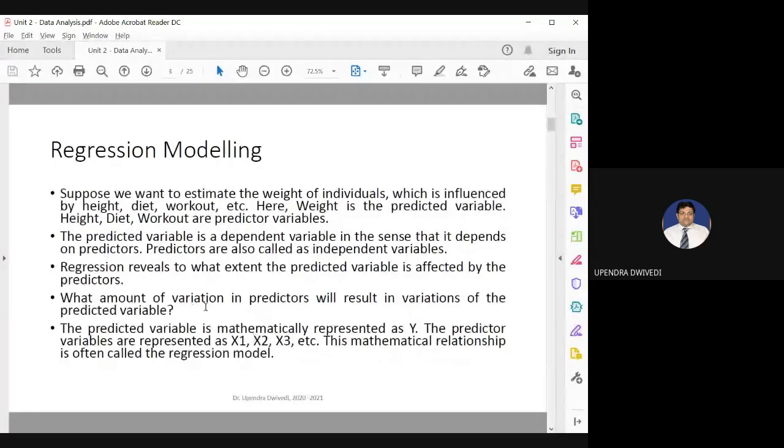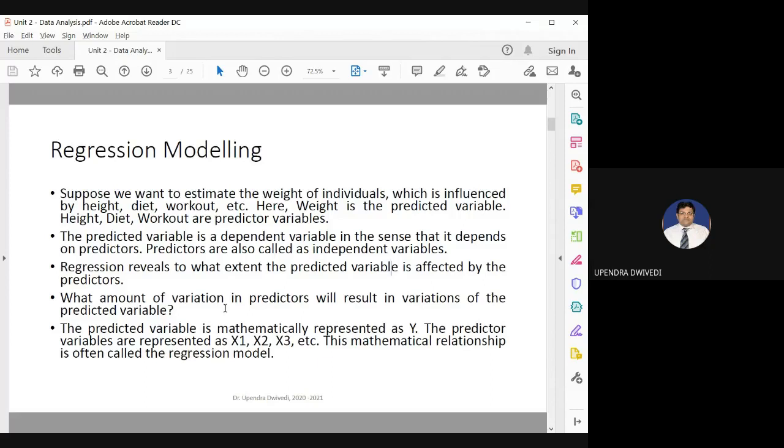And second, we are trying to find out the amount of that effect. So how can you calculate the amount of that effect? You can calculate it by calculating the amount of variation. For example, suppose a person has a height of 6 feet and is taking 2000 calories per day, and he works out.